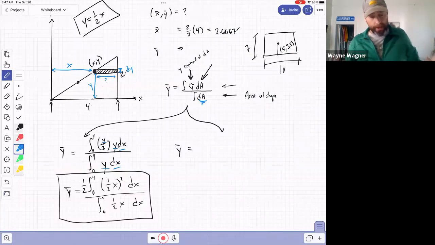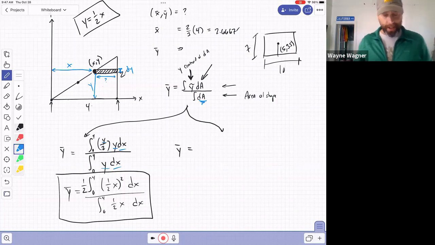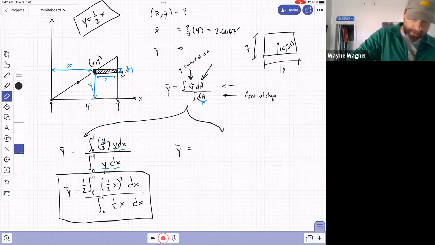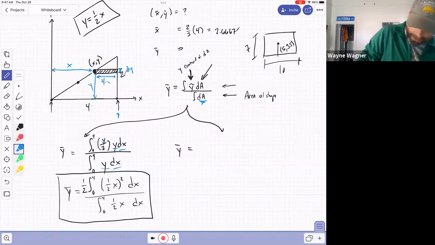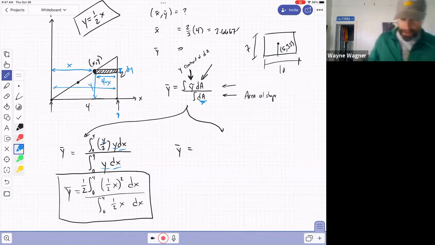For the height of the triangle last time, I was just able to say the height is y. Well, in this case, that is not x. You can see where x is. This is actually, right here it's 4. So this is actually 4 minus x, because basically I'm going to take this whole distance and subtract off that x.